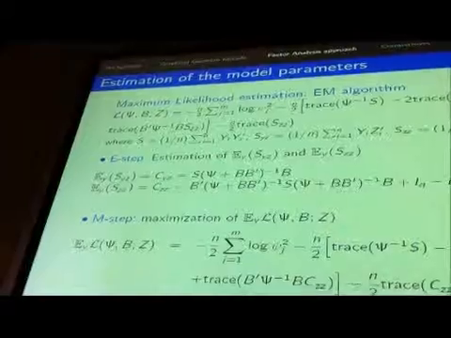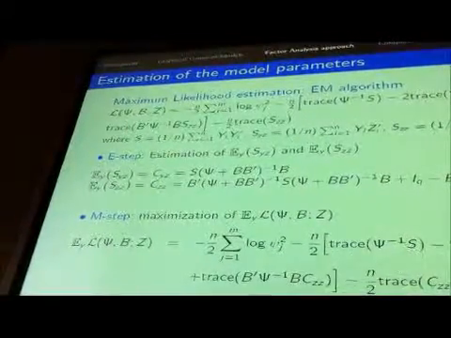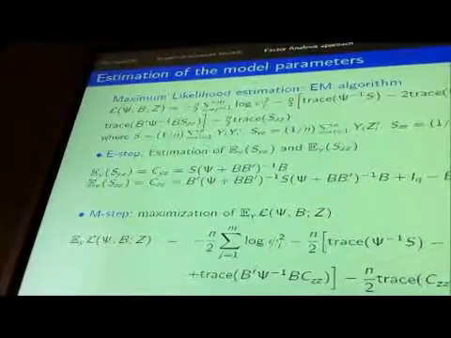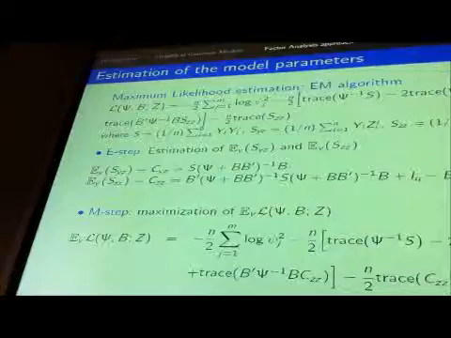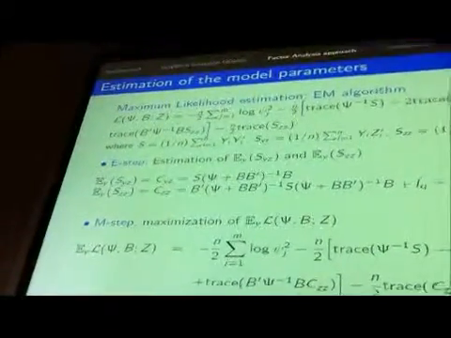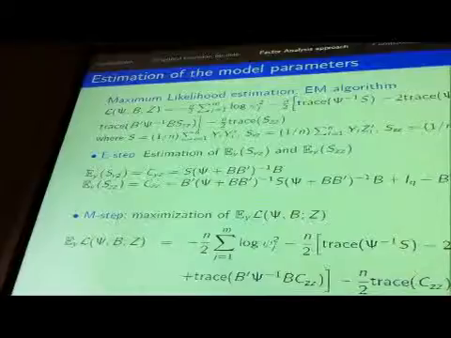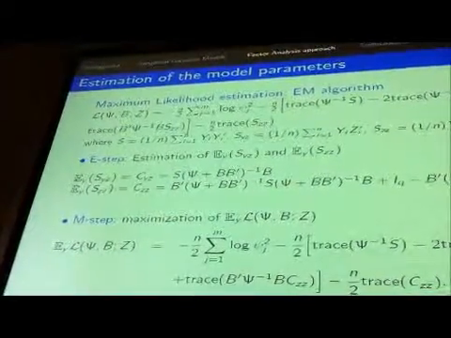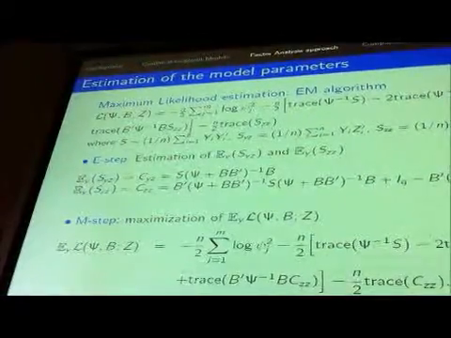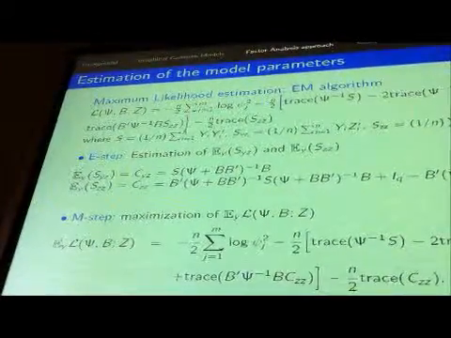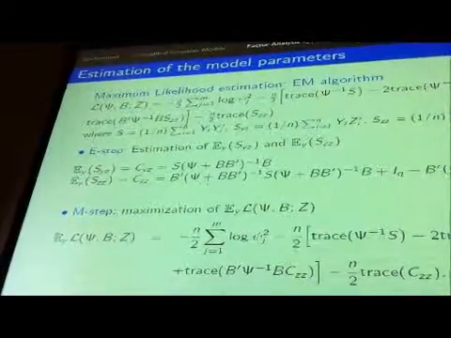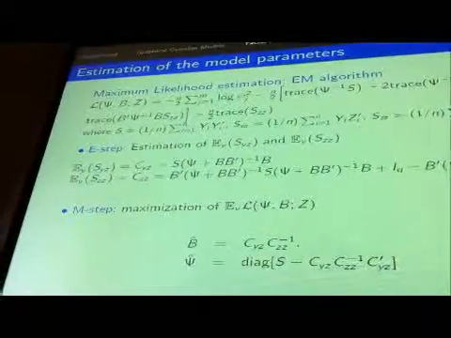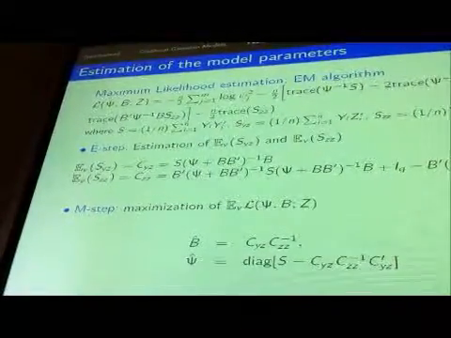Here you have the log likelihood, which is written like that. In the E step, we estimate the conditional expectation of the log likelihood given y, and the M step consists in maximizing the expectation given y of the log likelihood. Using this we can obtain an estimation of B and C.